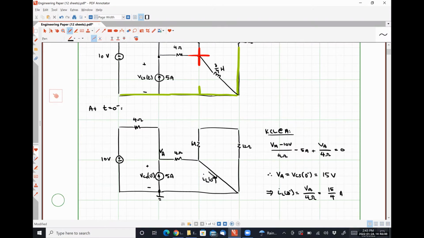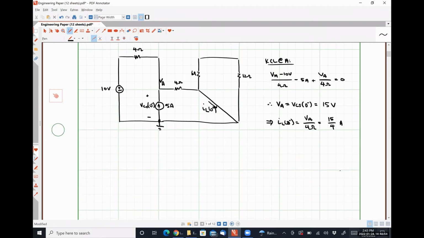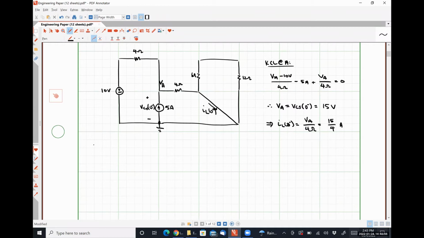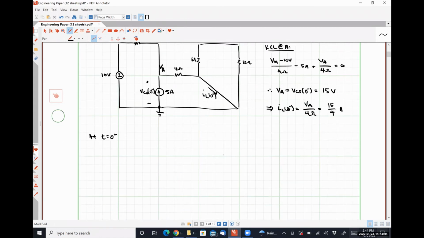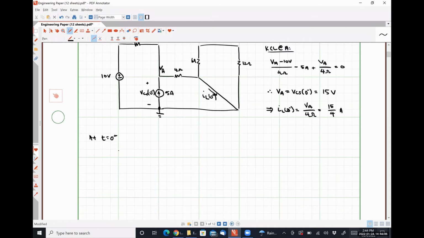All right, so now we need to analyze the circuit at t equals 0 plus. So at t equals 0 plus, we're going to have this. Our switch is now closed.